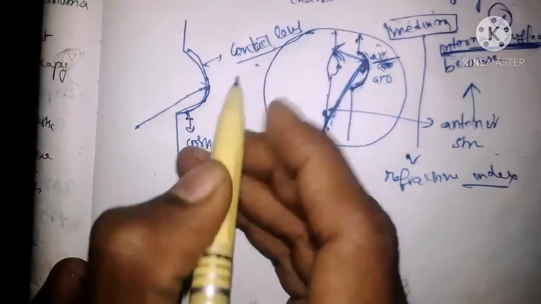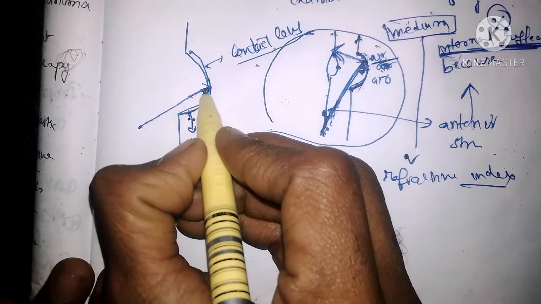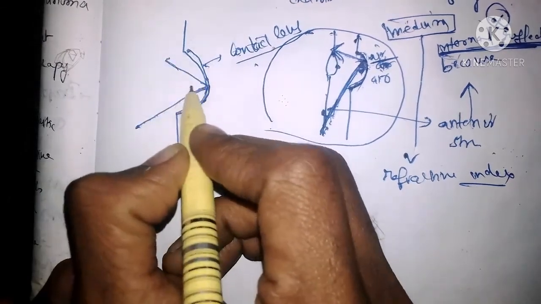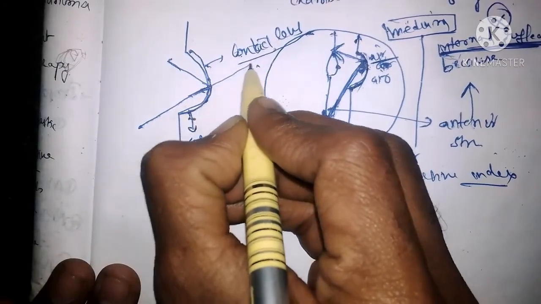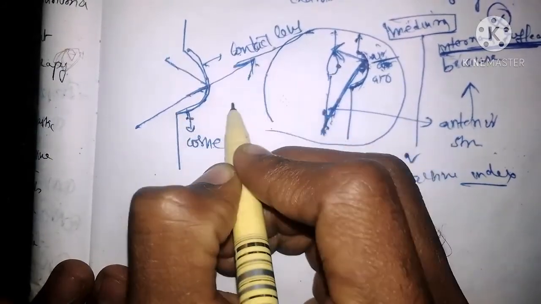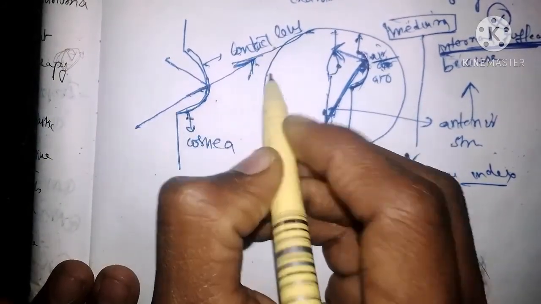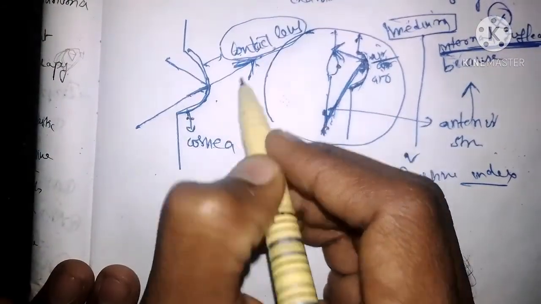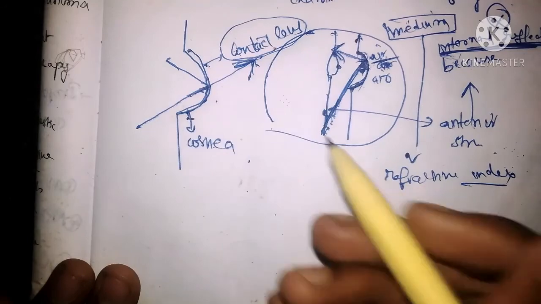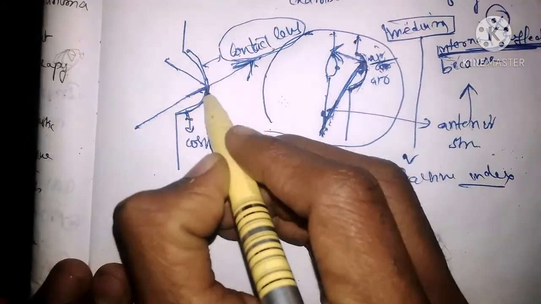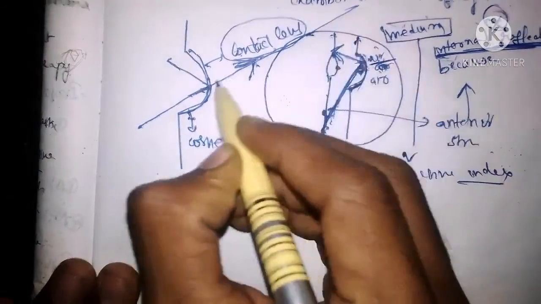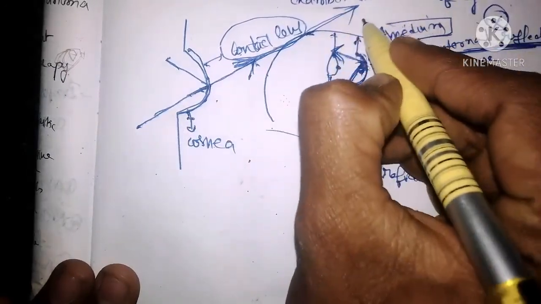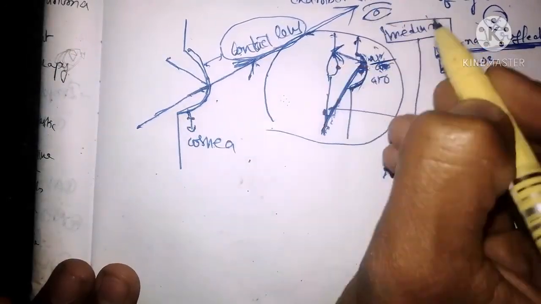Clear? So now this light ray, instead of getting internally reflected, is going out of the eye, because we are changing the angle of incidence by placing a contact lens in front of the cornea. Clear? Now this light ray is getting out and it is visible to the ophthalmologist.